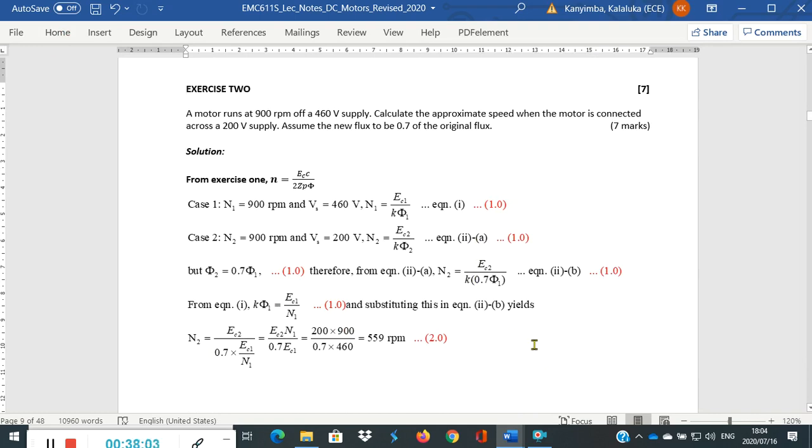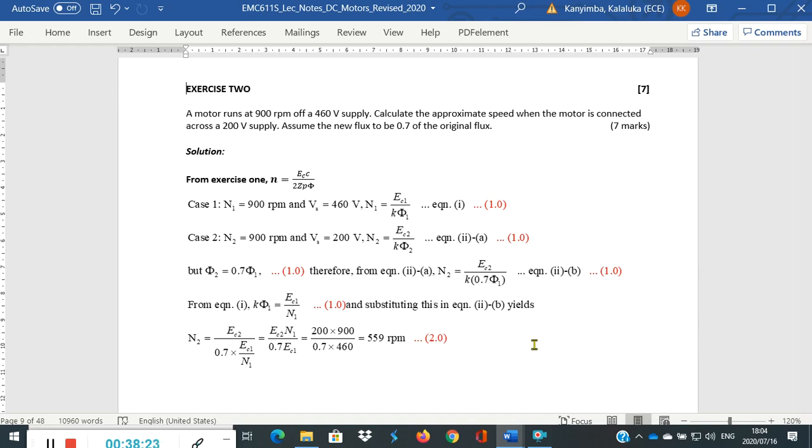A motor runs at 900 RPM off a 460 volt supply. So this motor is connected to a 460 volt supply, and it is running at 900 revolutions per minute.